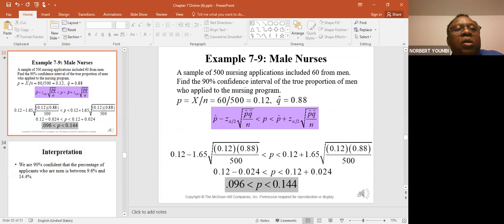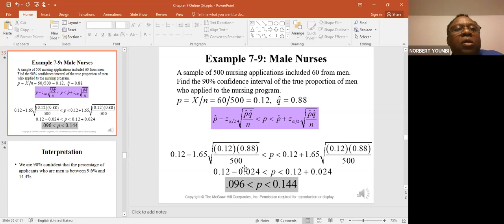So a sample of 500 nursing applications included 60 from men. Find the 90% confidence interval of the true proportion of men who applied to the nursing program. First, we want to find the sample proportion, which is x over n. n here is 500, x is 60, so we have 0.12, and q hat is 0.88. For a 90% confidence level, z alpha over 2 is 1.65.